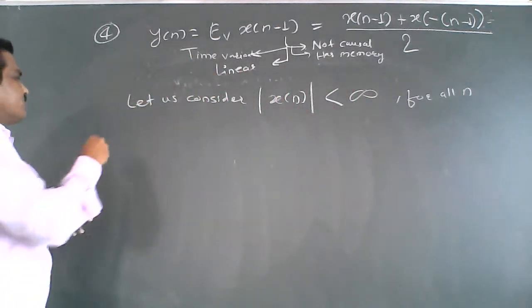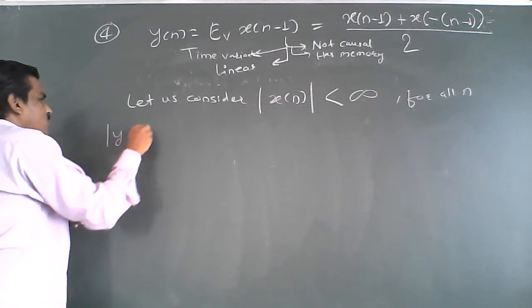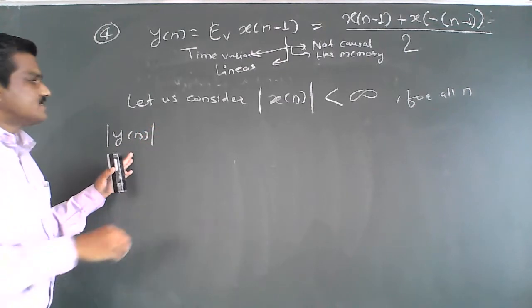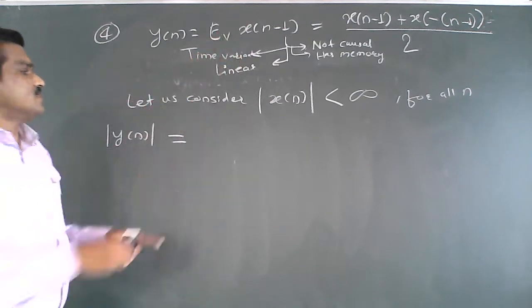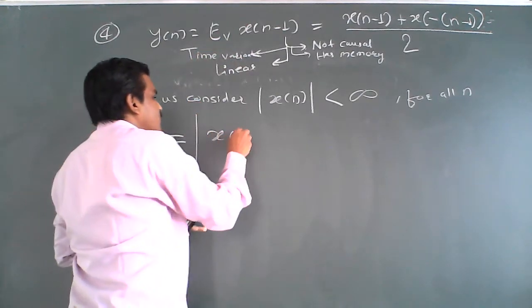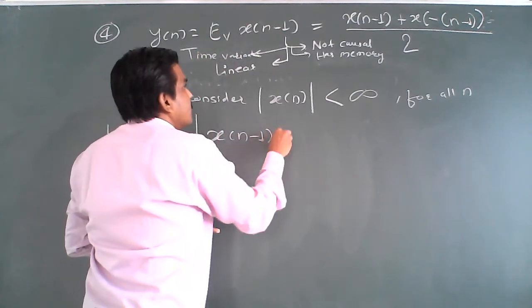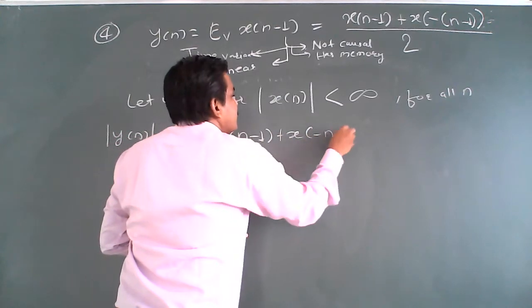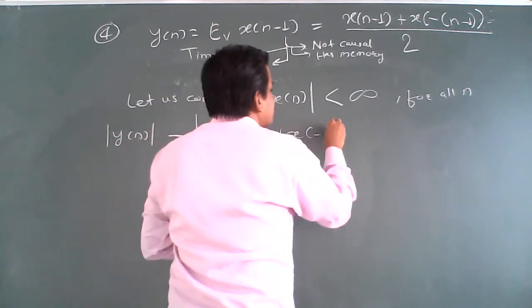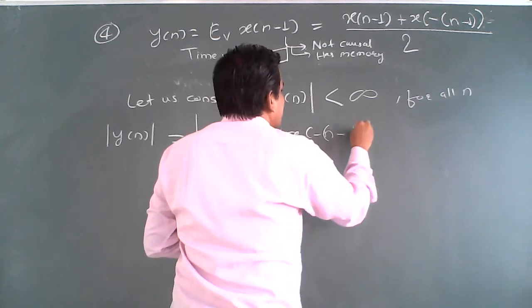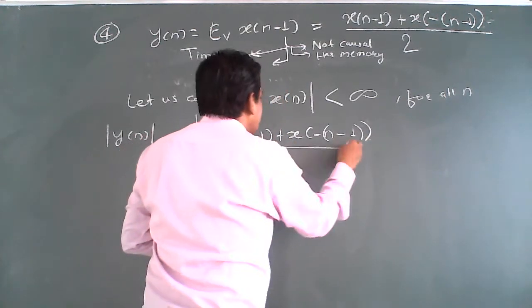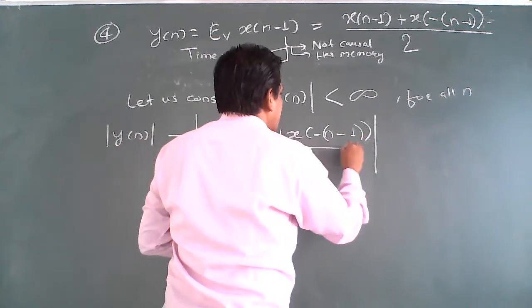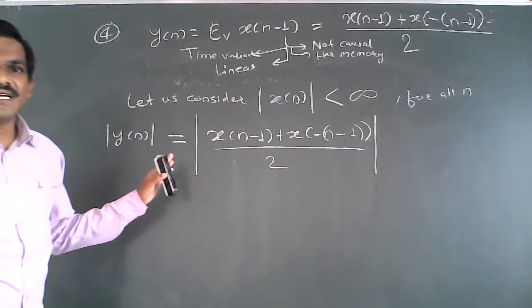Now what is the output? Mod of y of n. Y of n is nothing but x of n minus 1 plus x of minus n minus 1, divided by 2.